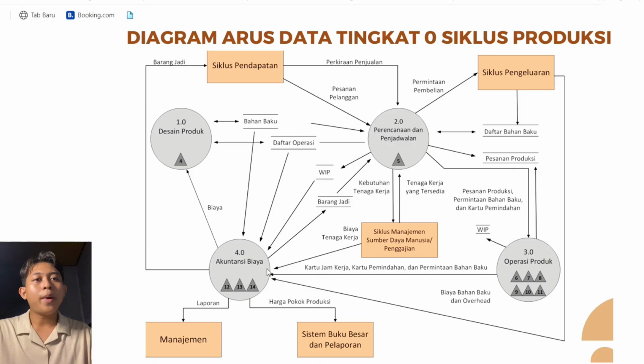This process combines the operational data with external cost input, especially raw material cost and overhead cost sent from the expenditure cycle, such as factory electricity bills, sewing machine depreciation, and building rent.